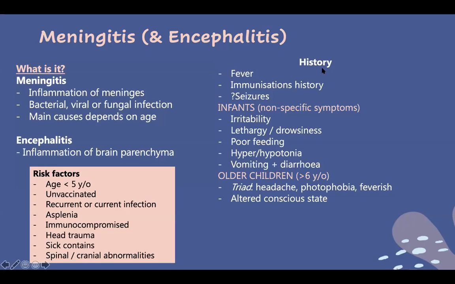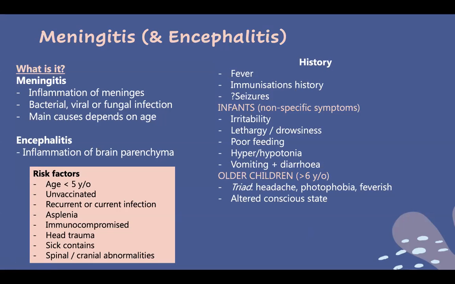So in terms of history, we obviously ask about fever, immunization history, plus or minus seizures. This is in particular for meningitis. Infants don't present the same way that adults do, with the whole triad of headache, photophobia, fever, neck stiffness.